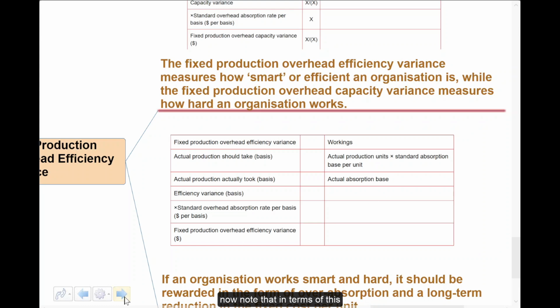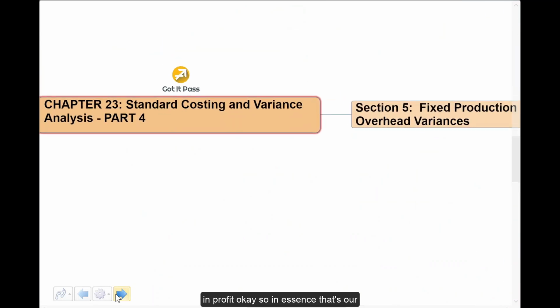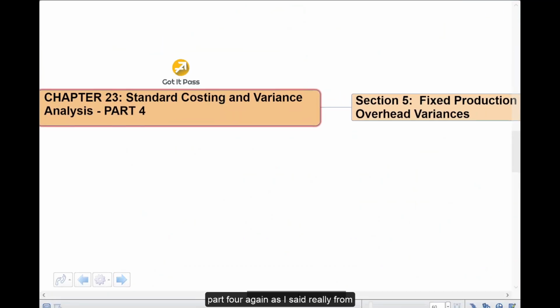Note that if an organization is smart and getting favorable variances, then this should be in the form of over absorption, and certainly long-term reductions in fixed costs or increases in profit.